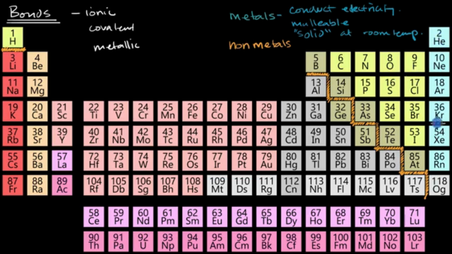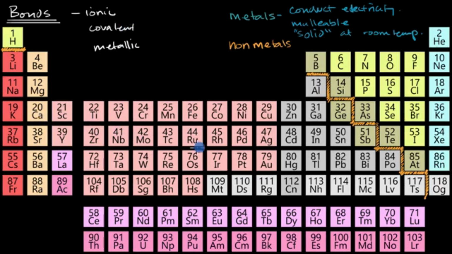These things in blue we've talked about in other videos. These are the noble gases. So these are also nonmetals. The people who made this periodic table put them in their own color because you could view them as a subclass of nonmetals. They tend to be very inert. They don't interact with other things. They don't tend to form any of these bonds.